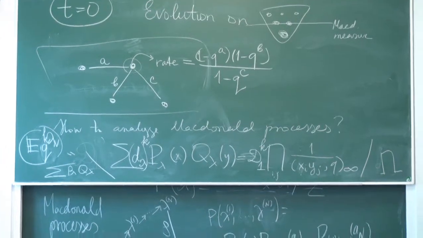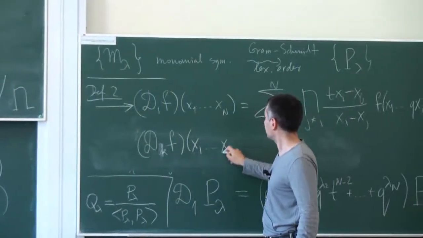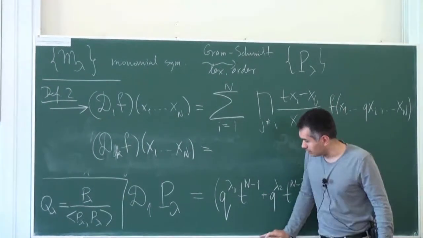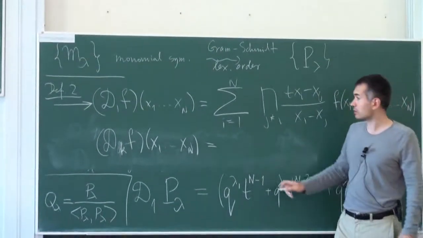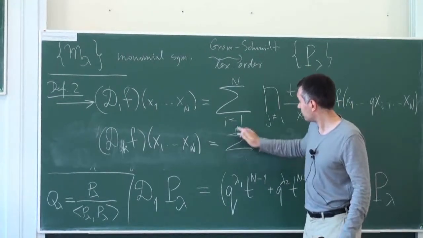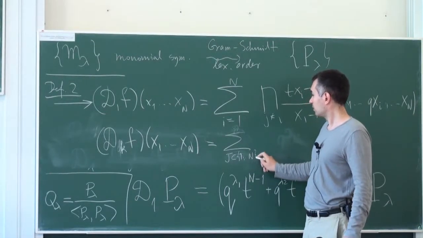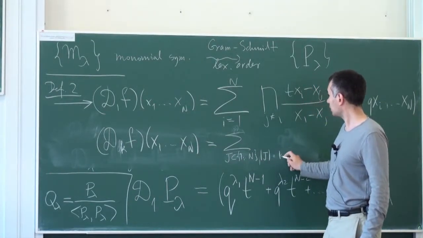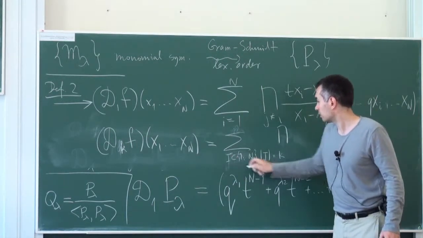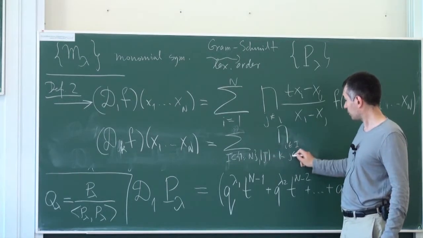There are McDonald operators of any given order that are diagonalized by this basis. They're given by a very similar formula. I'll put it on the board. Oh, sorry. The sum is over all subsets J inside 1 through n. The number of elements in J is k. The product, or maybe I should put here I. So then there will be a product of I in I and J not in I.